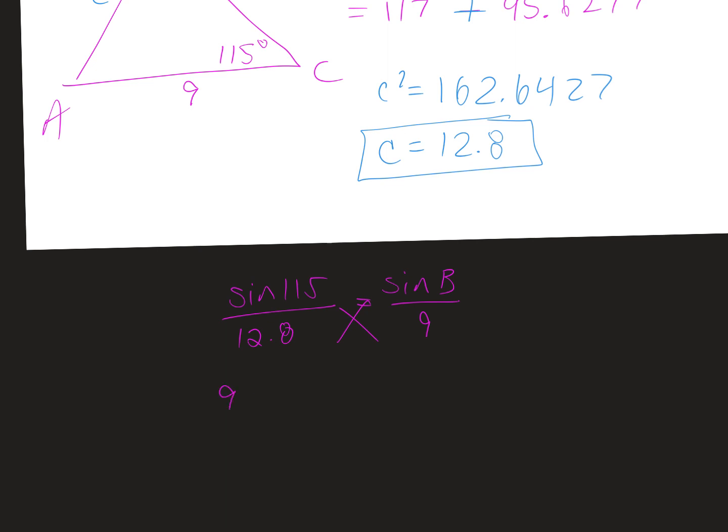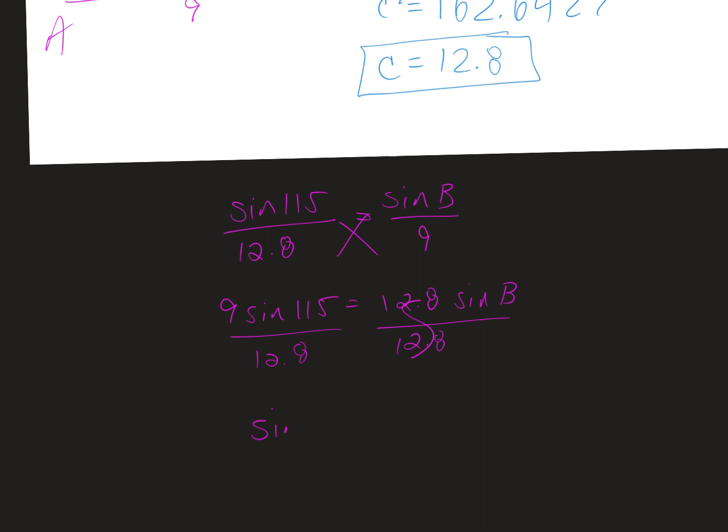We've done this 18,000 times. Sine 115 times 9 equals 12.8 times the sine of B. Divide by 12.8. So the sine of B equals 9 times the sine of 115 divided by 12.8.